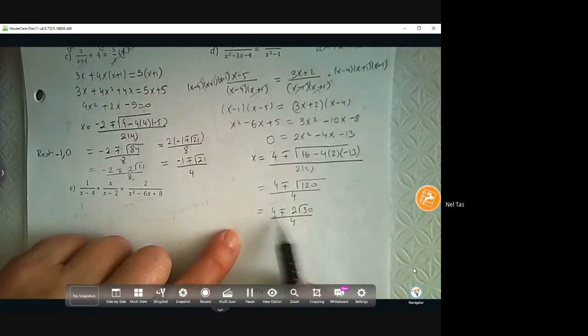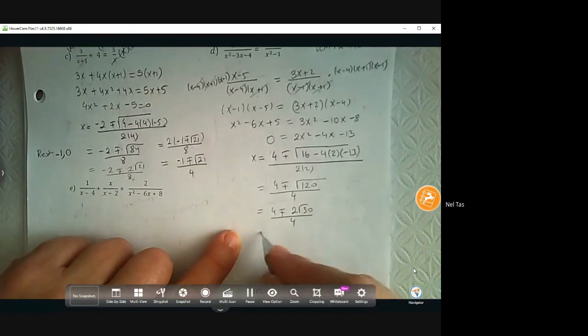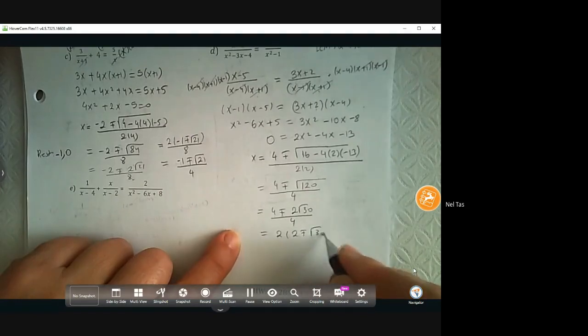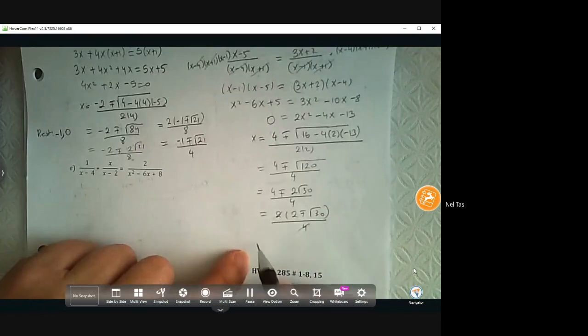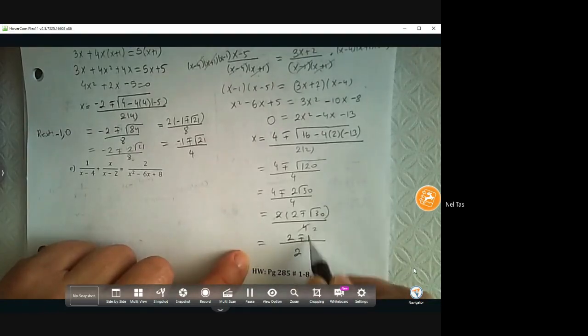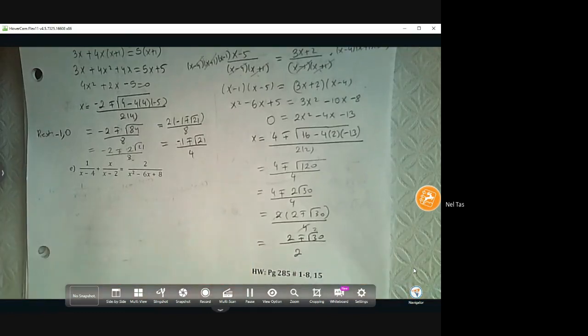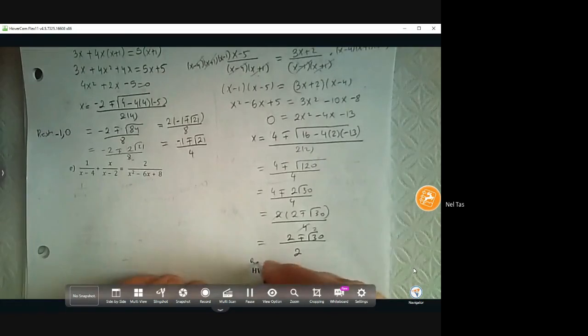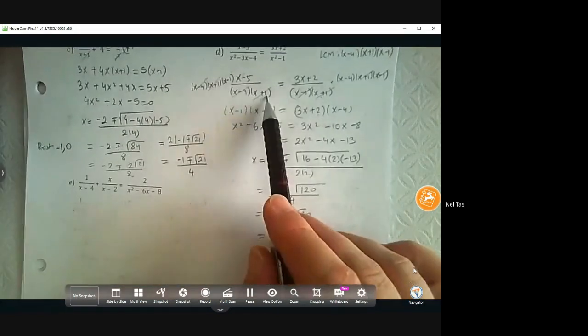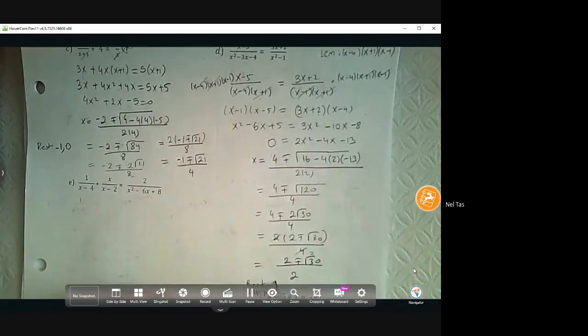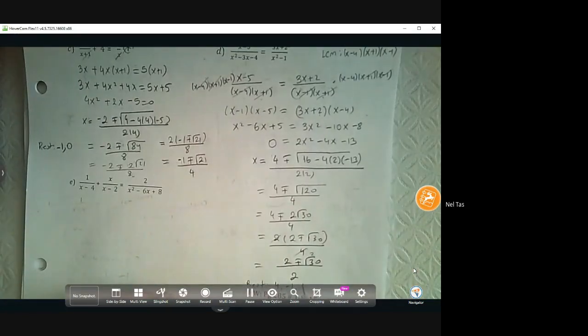Now, again, all terms are divisible by 2, so we can factor 2, then simplify 2 and 4. So 2 plus and minus root 30 over 2 are the solutions. So restrictions: 4, negative 1, positive 1.